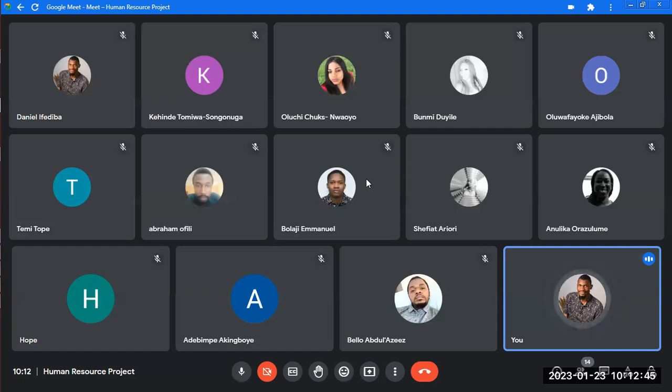Okay, so the first one is, as usual, like I always say, you need to understand the problem statement or understand the project as a whole. Because if you don't understand the project to its simplest form, it will be difficult for you to actually present it or tell a story about it.